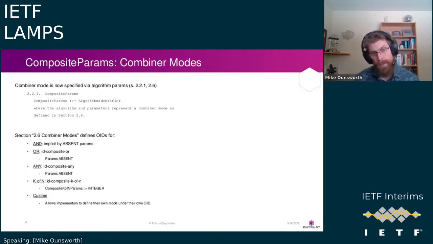So our current proposal is AND is implicit via an absent parameter. If you leave the parameter absent, it's assumed that it's the strictest AND mode. And then we've defined OIDs for OR and ANY. K of N carries an integer, which is K. N is implicit, that's the number of keys, and then you specify you're allowed to use some subset K of them. And then custom mode basically says if you want to do something that's not this, feel free, but get off our OIDs.